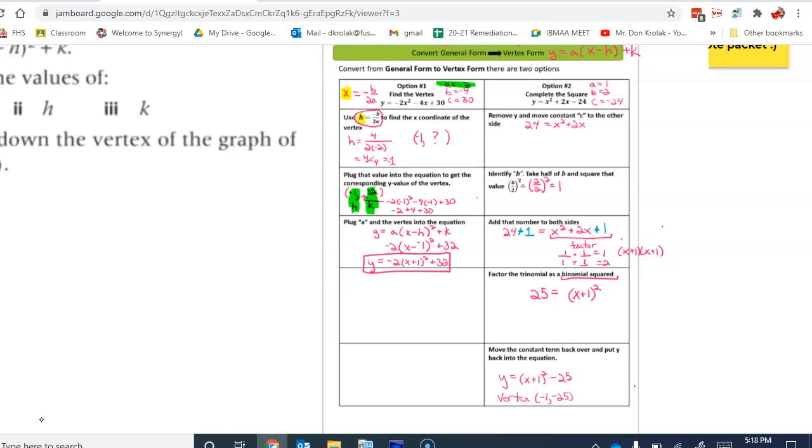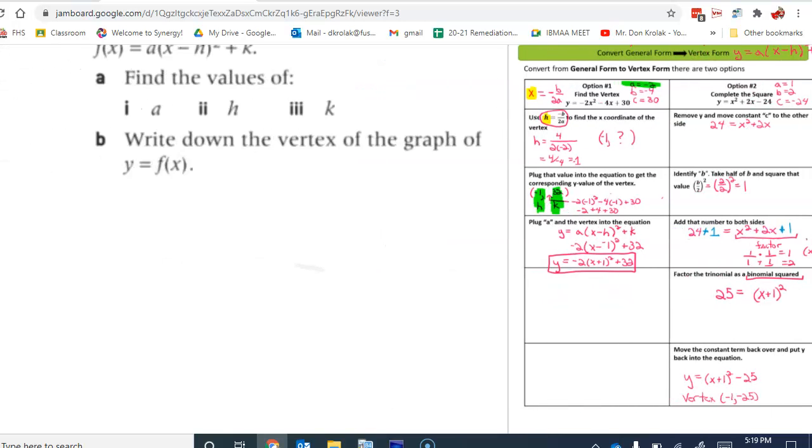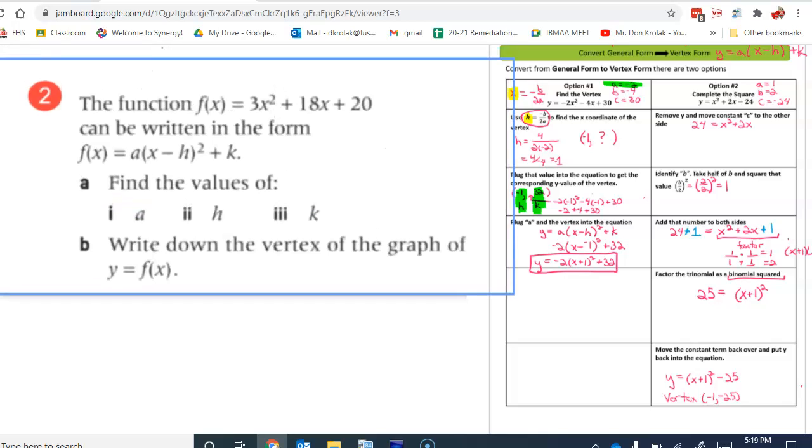Then to find a, you plug in your h and your k, and find what the value of a is. You plug in x and y from the original, and solve for a. The other way to do it is to complete the square, and you'll get a that way. So either one works here.